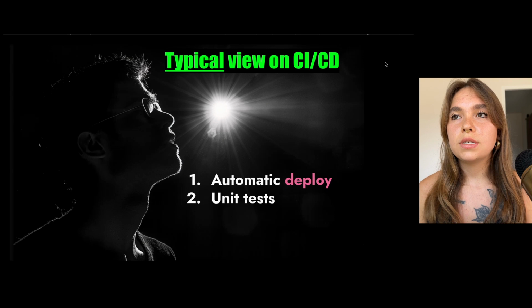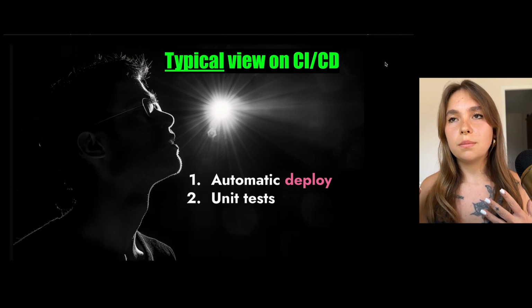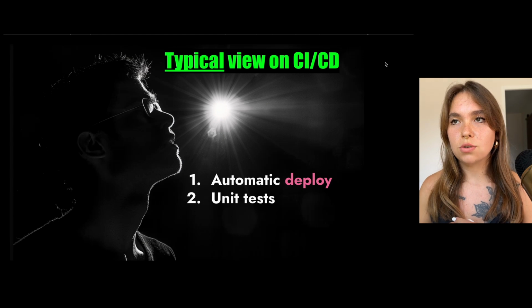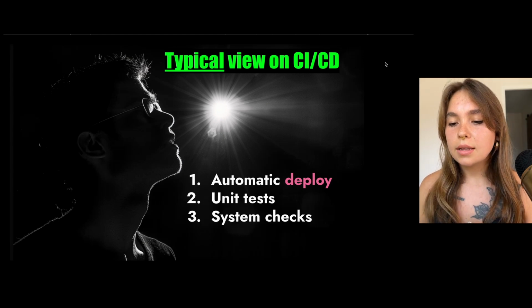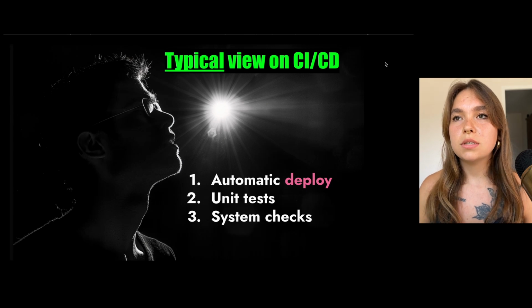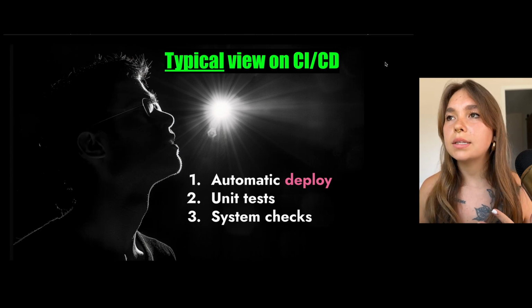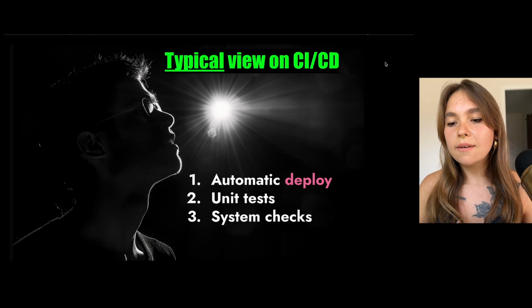A big part of CI/CD is unit tests, but I would say it's a very basic implementation. So it's like the first layer, unit tests. And after that, of course, sometimes we introduce different system checks in CI/CD. It can be basic system tests, for example, UI tests, and normally that's all.